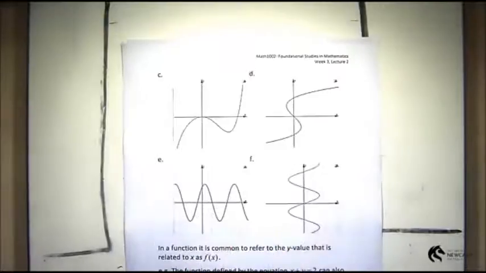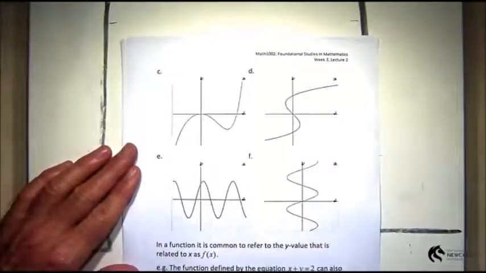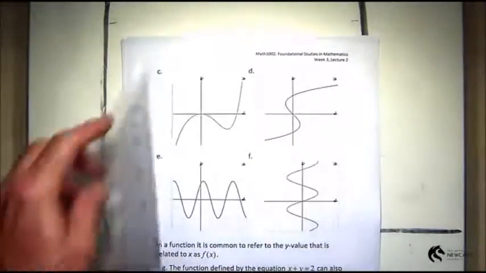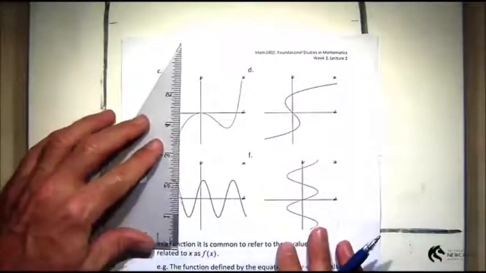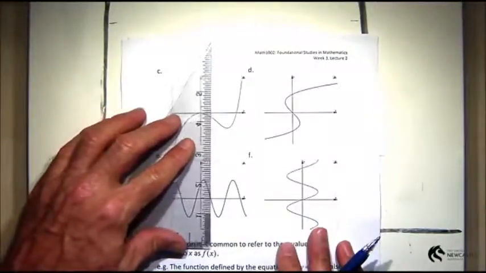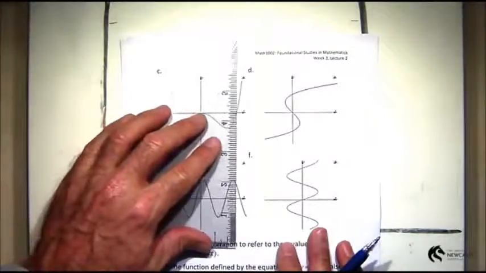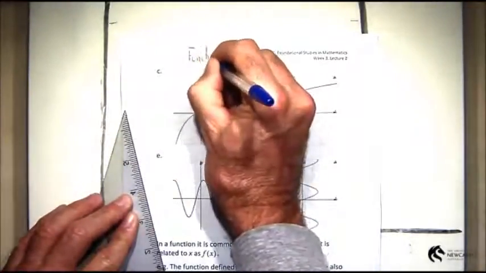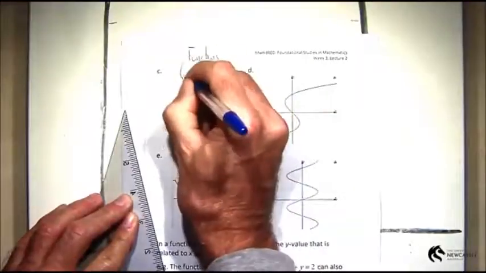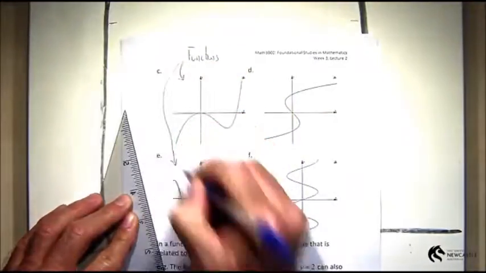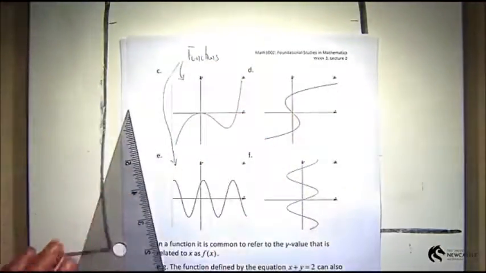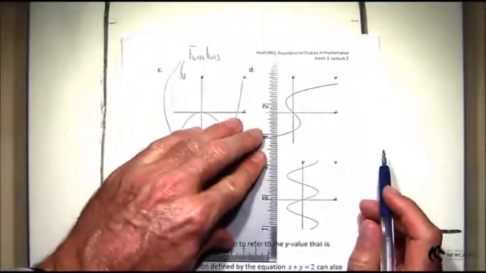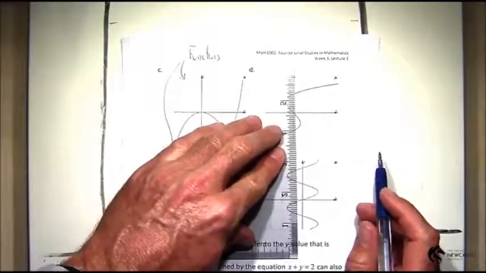So I've got a few more examples here. And the ones on the left, either of these ones, doesn't matter which vertical line I draw, they only ever cut the graph once. So this side are functions, that one and that one, whereas these ones over here, even though here the vertical line cuts it once, there is a vertical line that cuts it more than once.